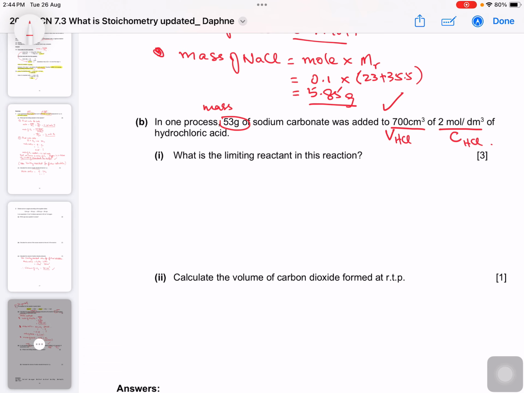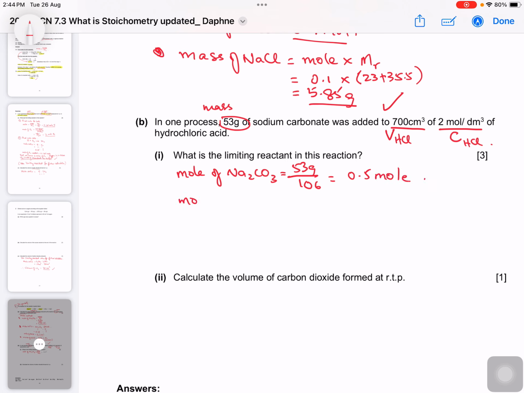So limiting reactant, we need to calculate, find mole for both. So mole of Na2CO3 will be equals to mass, which is 53 grams, divided by mR, which is 106. So this will be 0.5 mole.